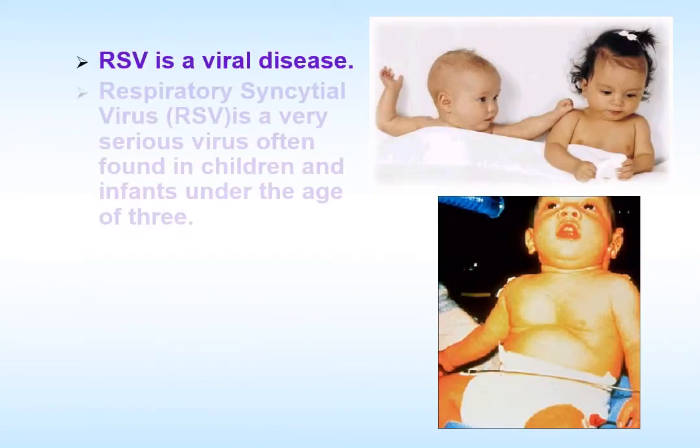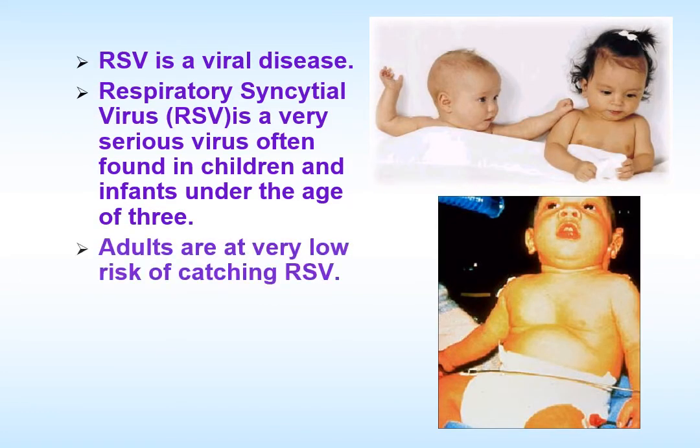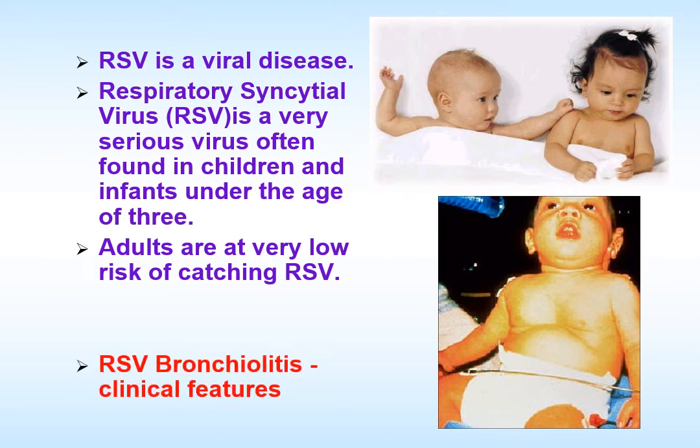And you can see patients that can be infected by this virus. As a result, there can be bronchiolitis, pneumonia, and quite a severe process can lead to the rise of asthma. This is a complication.